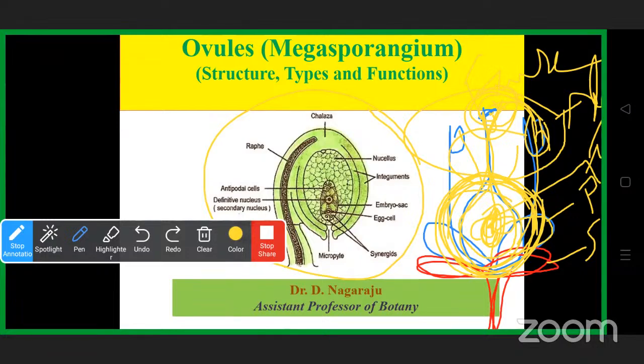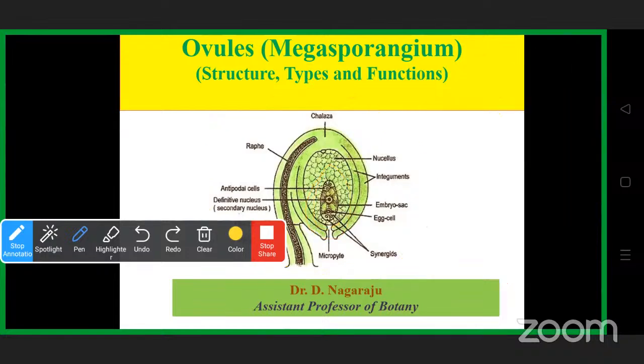And the fertile embryo sac, the embryo sac which is ready for fertilization, is also a very important essay question. These 3-4 questions come from the megasporangium: write about the megasporangium structure and types, the megasporogenesis types, and the types and process of fertilization in angiosperms. These questions are raised from this chapter.